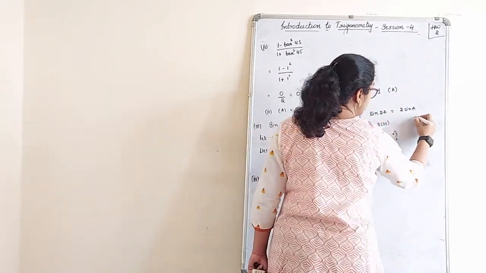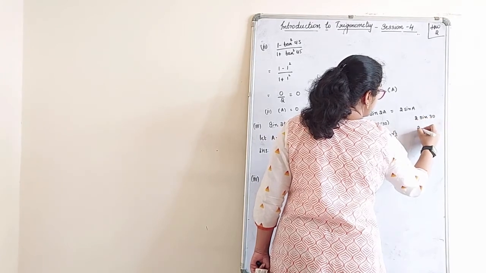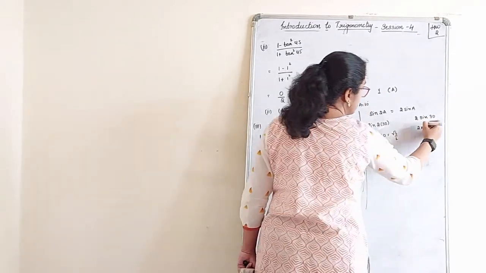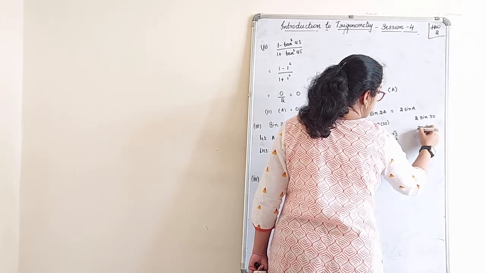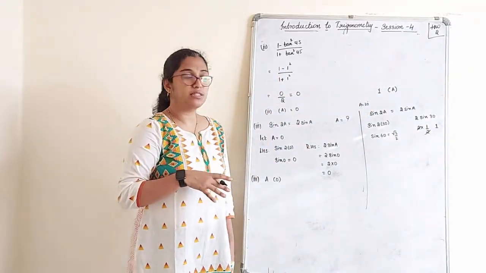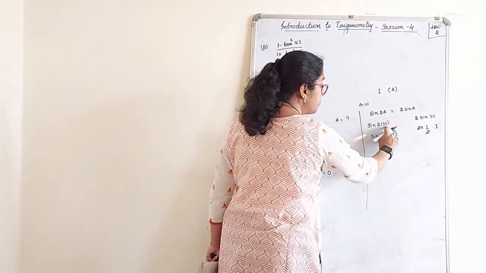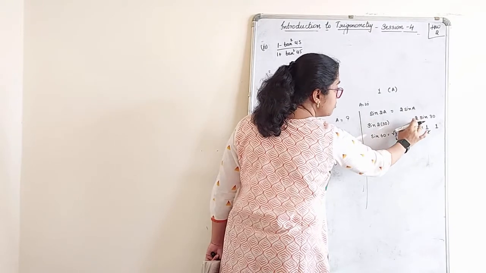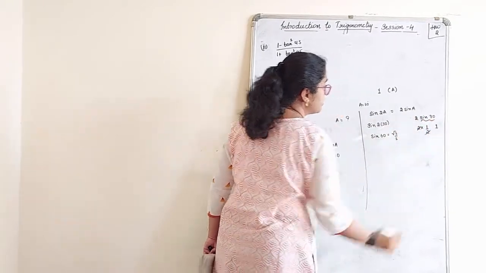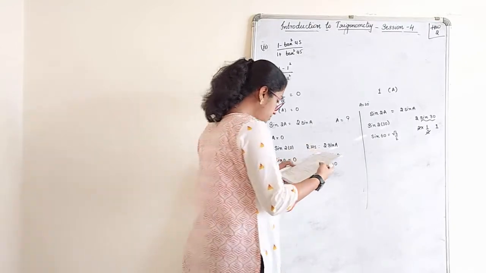Look at this side. 2 into sine 30. What is sine 30? 1 by 2. So the answer is 1. Did you understand how to substitute it? Only for 0 will it work. Here in 2A, when you multiply, the 2 remains there. Only for 30 we substituted. Very clear? So the first one is the option.